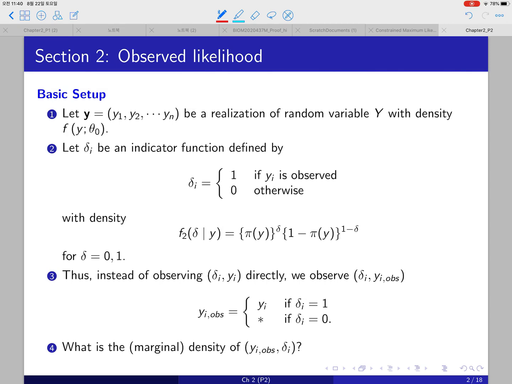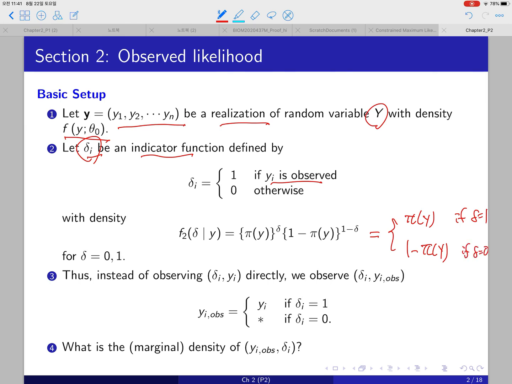So here's the setup. We have an independent realization of random variable y with the density f(y; theta naught), and we have an indicator function for the missingness, delta. This is another random variable, and it follows this mechanism.